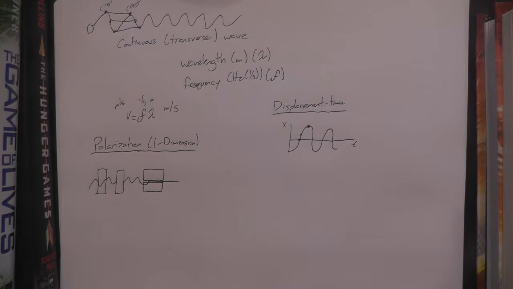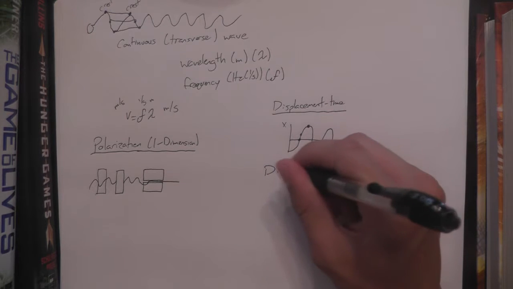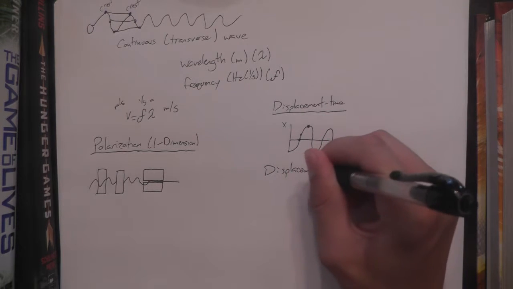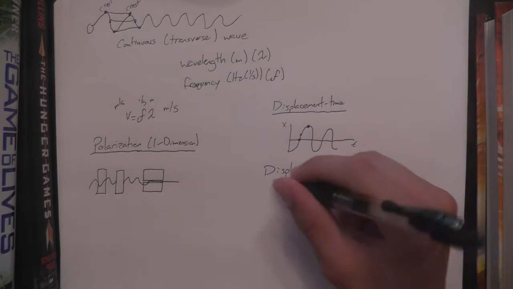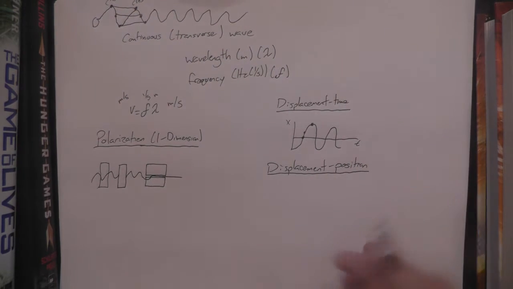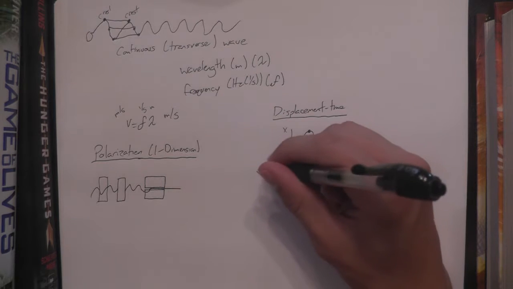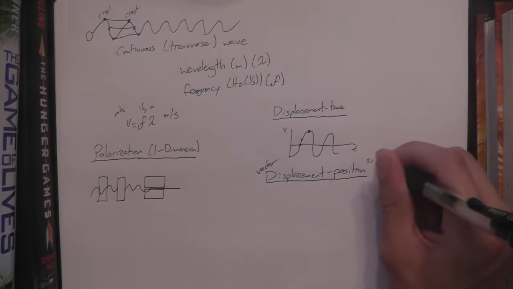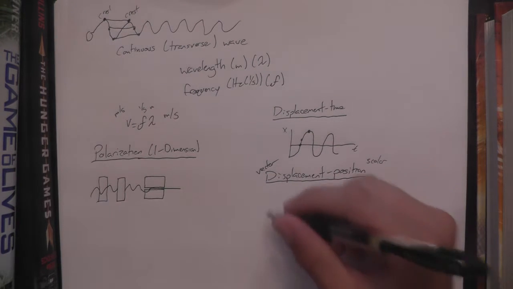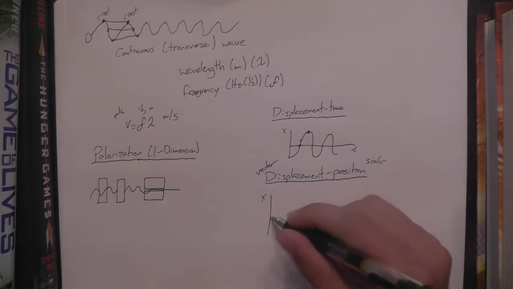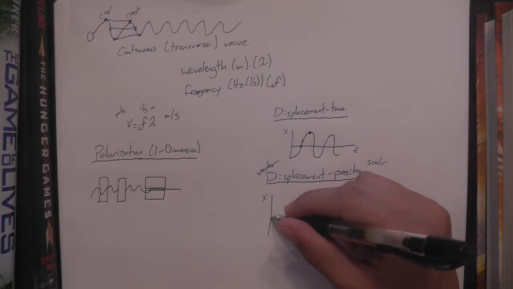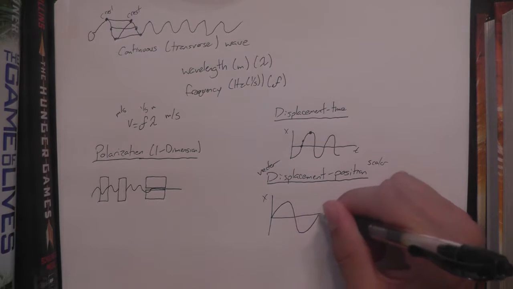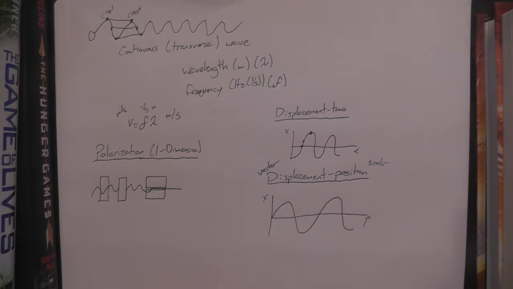However, there's another unique way that we can graph this, and that is displacement position graph. Now, what's the difference, you ask? If you remember from our very first videos, displacement is a vector, while position is a scalar. So when you graph your displacement versus your position, you are actually going to get a snapshot of what your wave looks like in that particular instance.